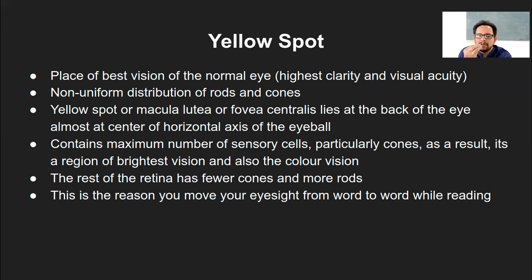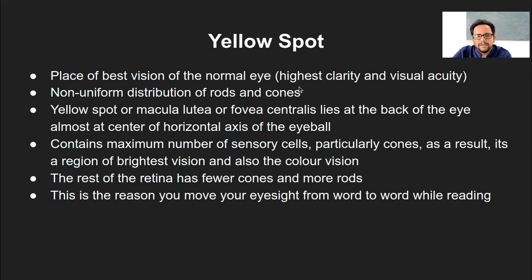That means a small amount of light will enter, and that light has to be sufficient to pass the signal from the optic nerve to the brain to identify whatever that person had seen. So that is why this yellow spot has most of these cone cells.